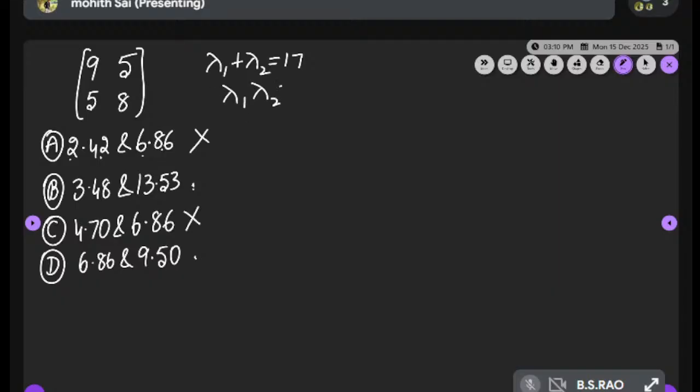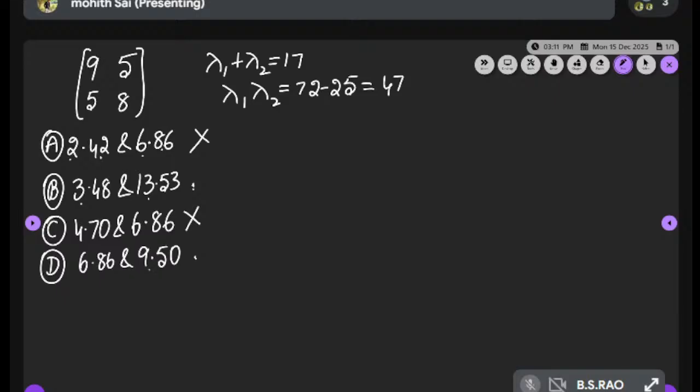Product of eigenvalues: 72 minus 25. What is 72 minus 25? What's the value? 47. Which one is nearer? While doing multiplication, 13 threes are 39, and you can do that.